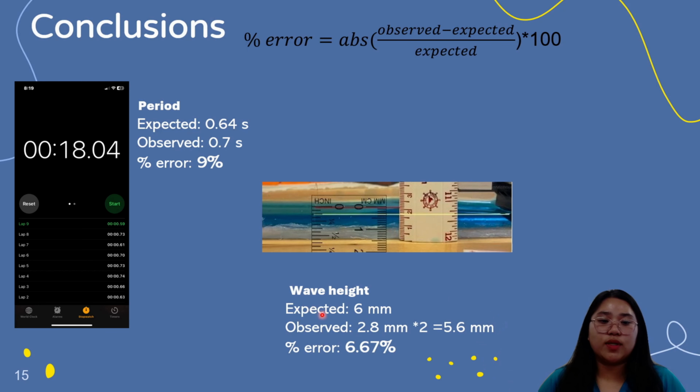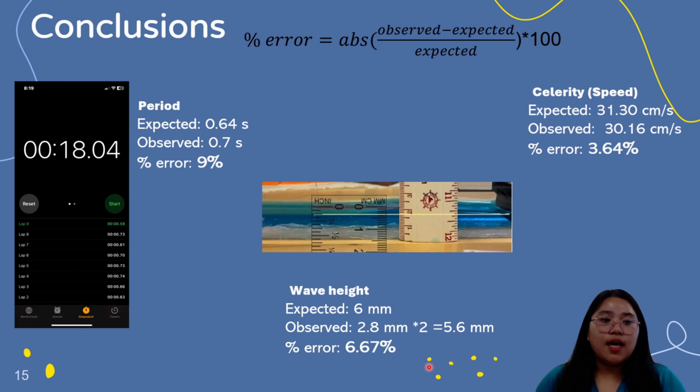The expected wave height was 6 millimeters, and we have an observed of 5.6 millimeters, which gives us a percent error of 6.67%. And then for the speed of the wave, we expected 31.30 centimeters per second, and with the observed, we got 30.16 centimeters per second, which yields a percent error of 3.64%.